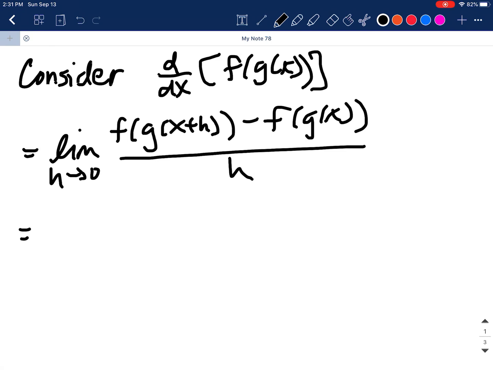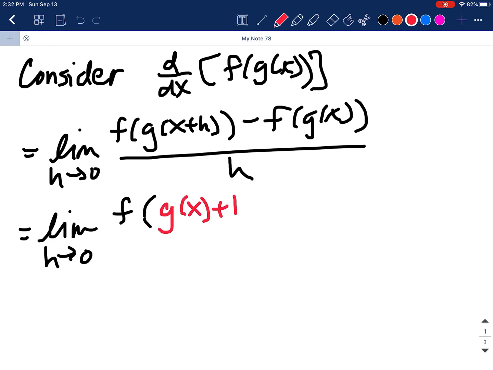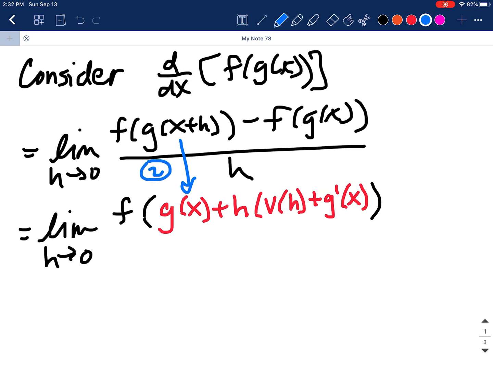If you look back up in your work to g of x plus h, we'll end up with the limit as h goes to 0 of f of, and so g of x plus h was the same as, maybe I'll use a different color here, g of x plus h times v of h, oops, not v prime, plus g prime of x. So that's using equation 2. So that's by equation 2. Whoops, let's do red.